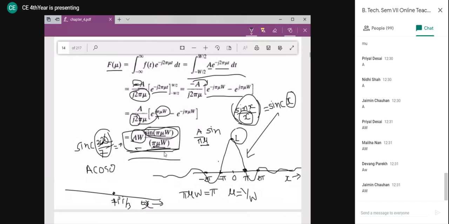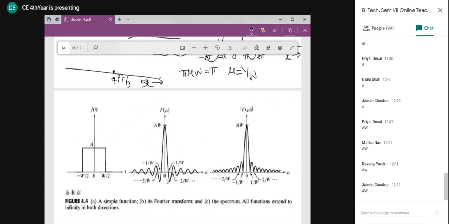So my amplitude is not 1, it is AW, and the zeros are at 1 by W, minus 1 by W, 2 by W, minus 2 by W, and so on.